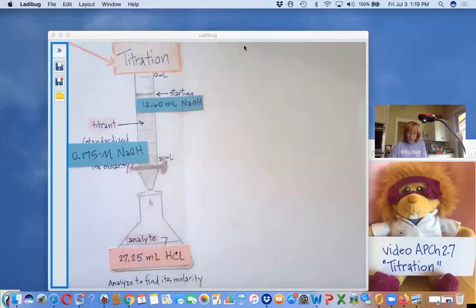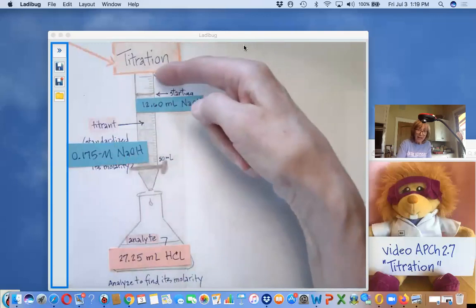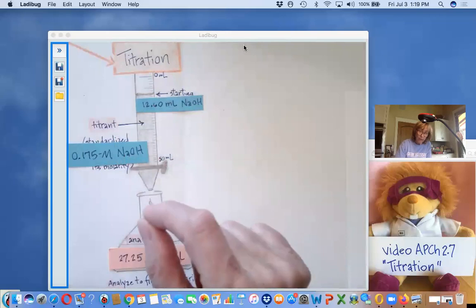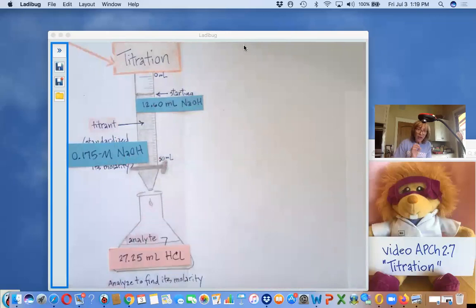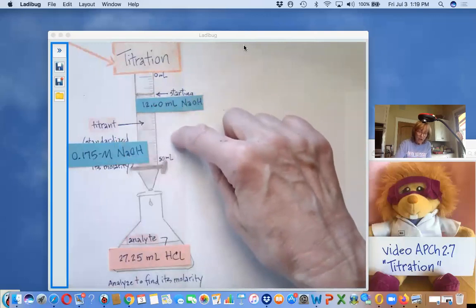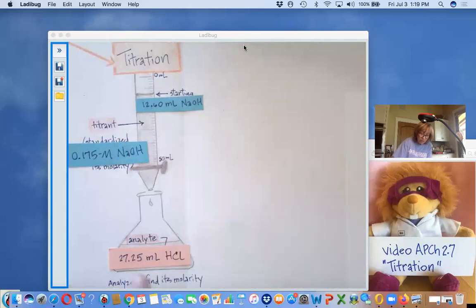All right, now the process of titration involves you adding this titrant in very, very small increments just until the moles of sodium hydroxide that you've added are exactly the right amount to react with the moles of hydrochloric acid in your flask.